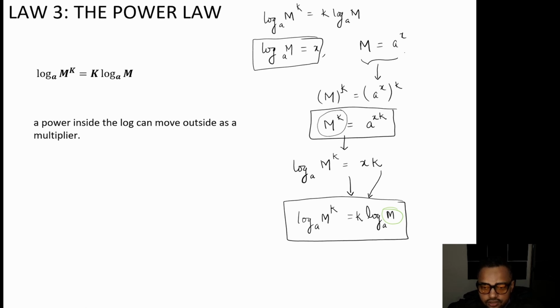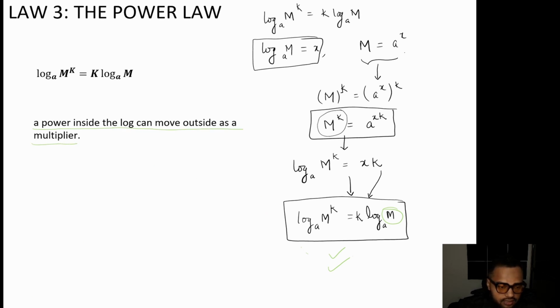So k is not part of the number, it is a different term, which is multiplied with the logarithm log of m base a. If I write k on the right hand side, majority of students will get confused. So this was the proof of the power law: the power inside the log can move outside as a multiplier.